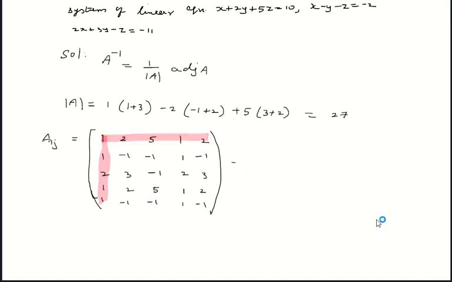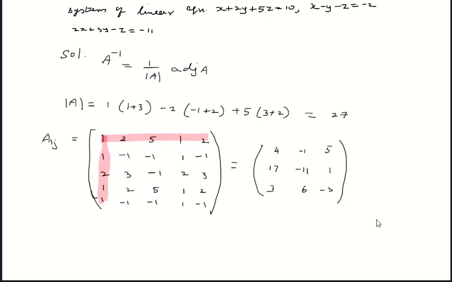So if I find the answer, I get Aij as 4, negative 1, 5, 17, negative 11, 1, 3, 6, negative 3. Found Aij. Now we'll go to A inverse.